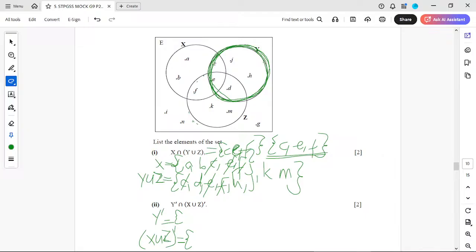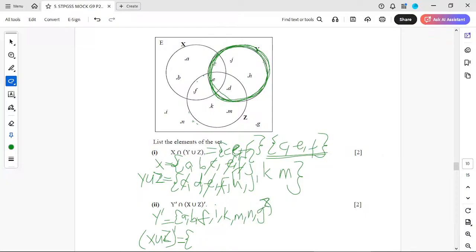So in Y complement we have A, B, F, I, K, M, N, and then we also have G there.